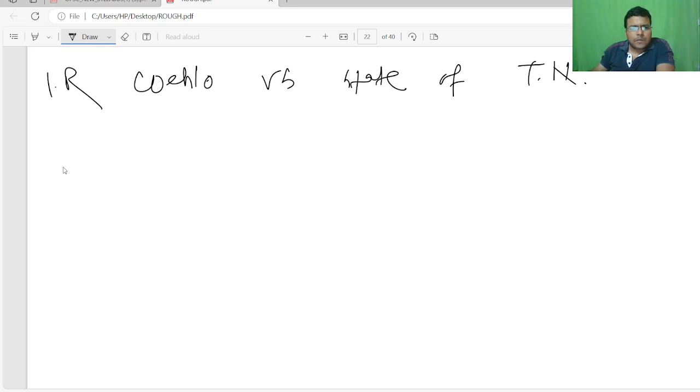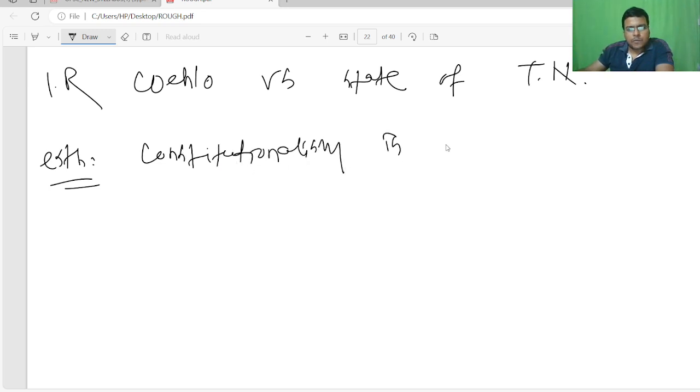In this, what is established is that constitutionalism is a legal principle.